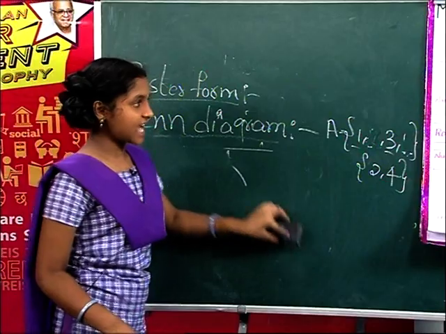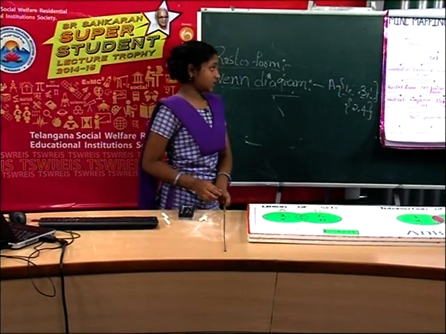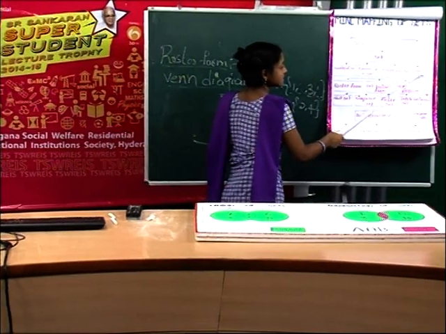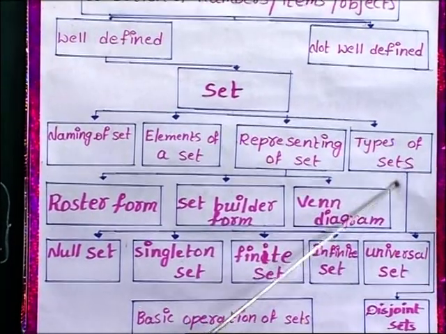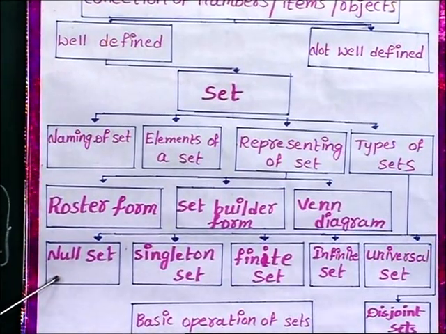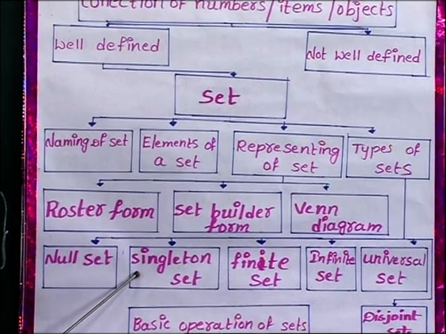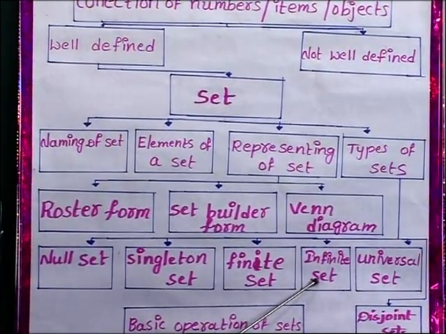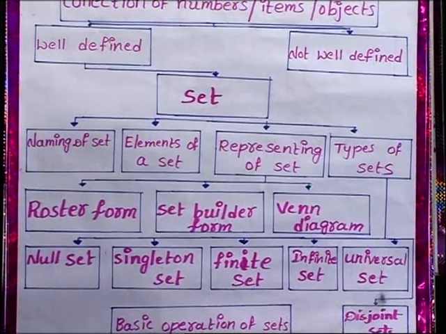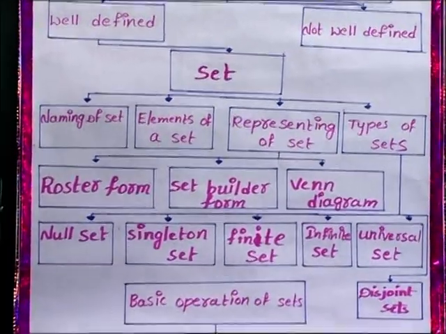Next, types of sets. Look here, types of sets. In these types we have null set, singleton set, finite set, infinite set, universal set and disjoint sets.